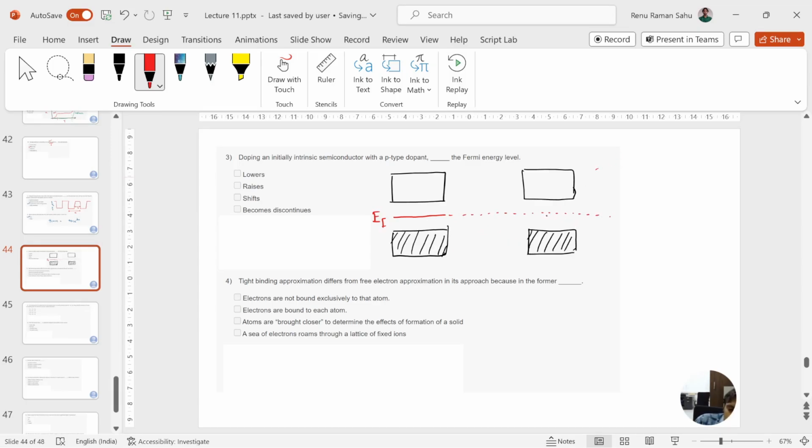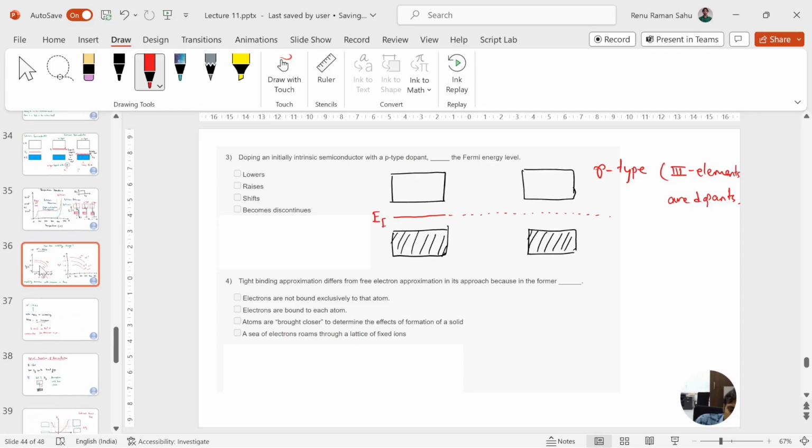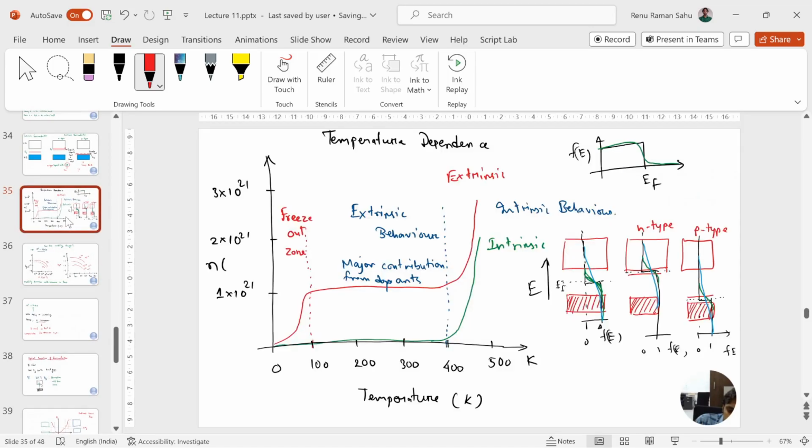Now where will be the Fermi energy for this if it is a p-type? P-type means just remember that group 3 elements are dopants. So the Fermi energy will be towards the conduction band or towards the valence band?